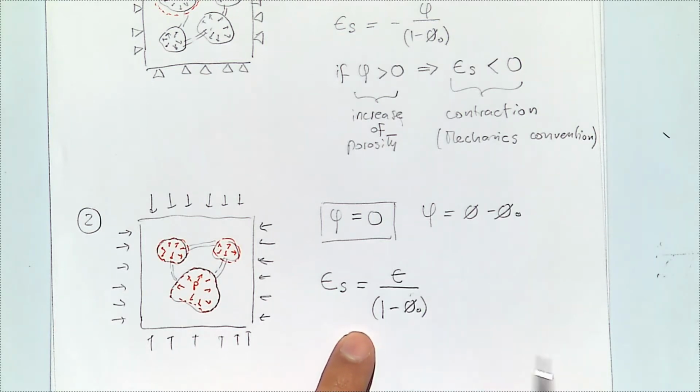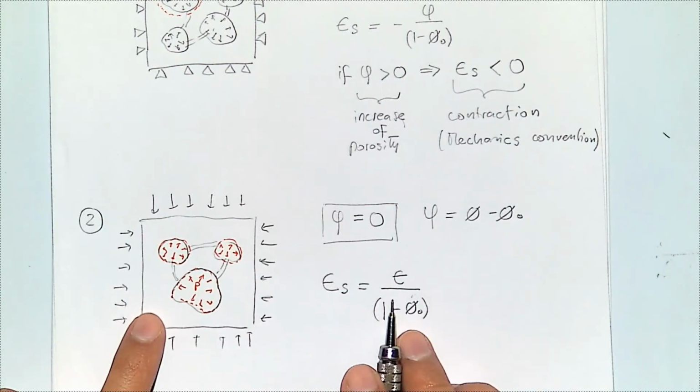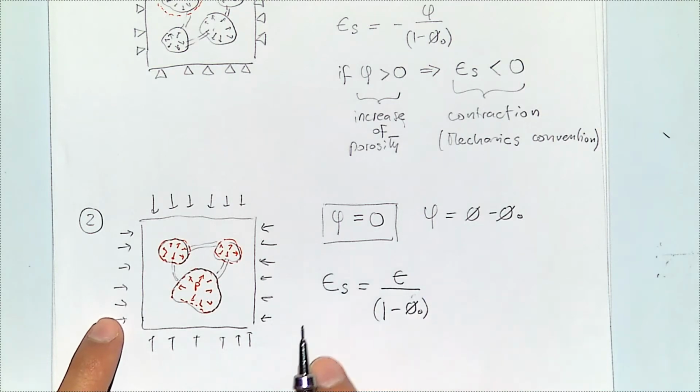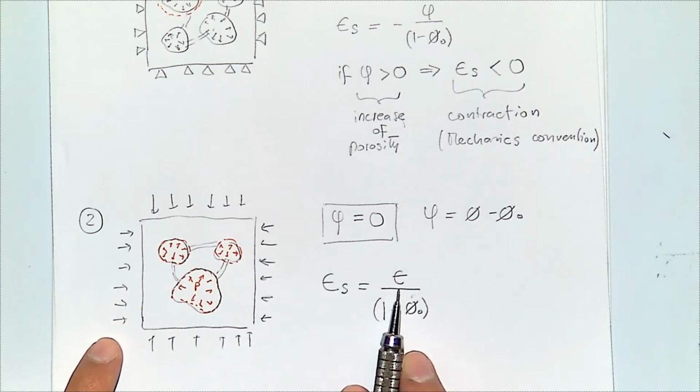I don't know, 12% or so. But it's going to be more. So under this condition, I can have a strain in the solid which is larger than the bulk strain. And that just comes from this equation that we just saw.